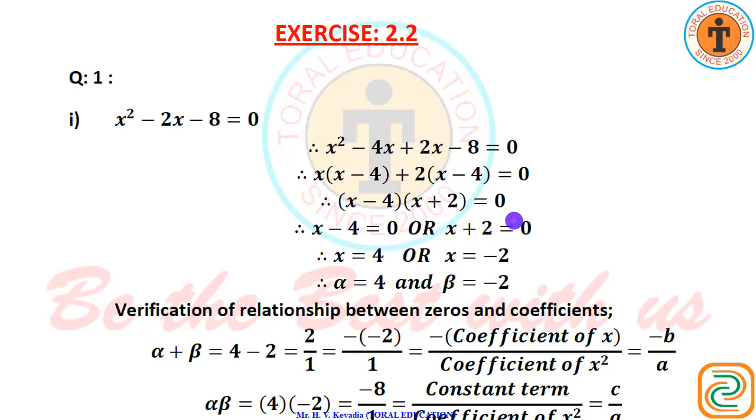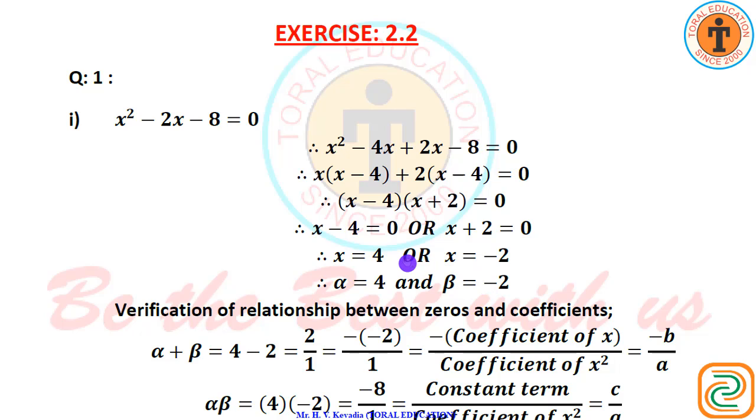So if it goes to the other side of equals, then it will be minus. Then alpha, that means the zero of the polynomial, alpha equals 4 and beta equals minus 2, right? Take alpha as 4 and beta as minus 2.